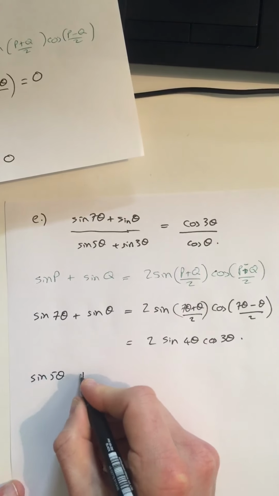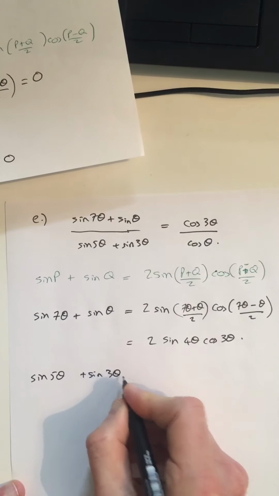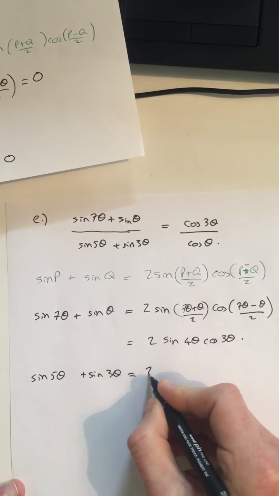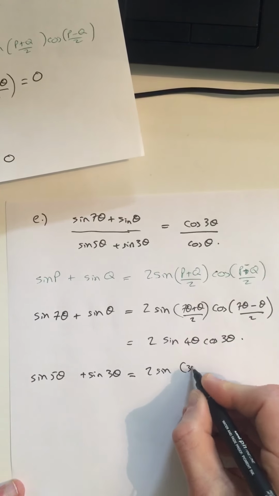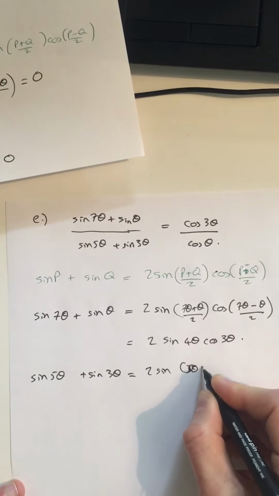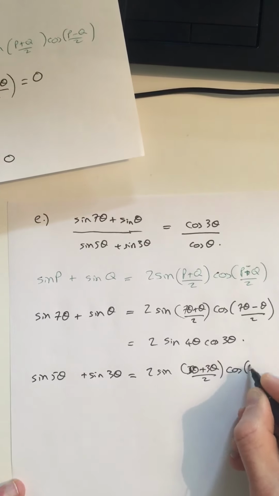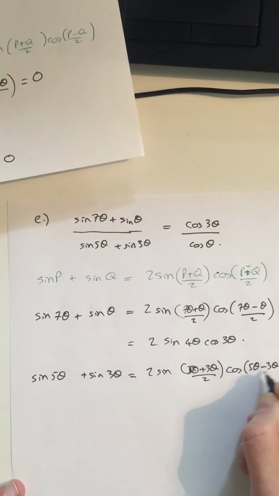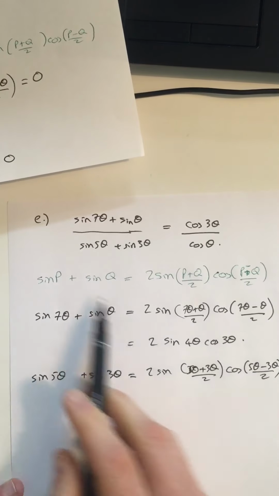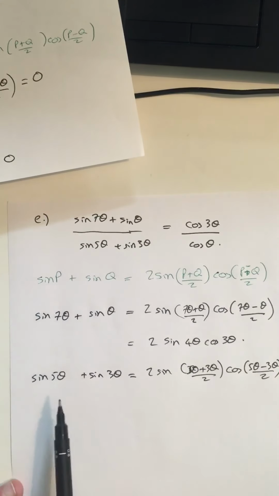So sine 5 theta plus sine 3 theta equals 2 sine (5 theta plus 3 theta)/2 cos (5 theta minus 3 theta)/2. Again, this is me using this rule with P being 5 theta and Q being 3 theta.